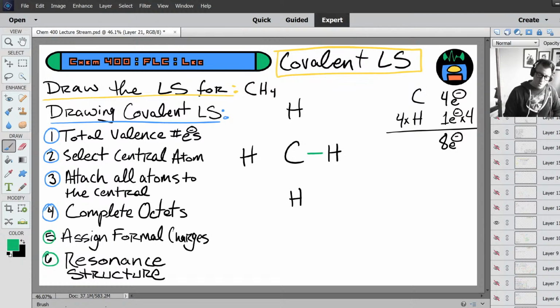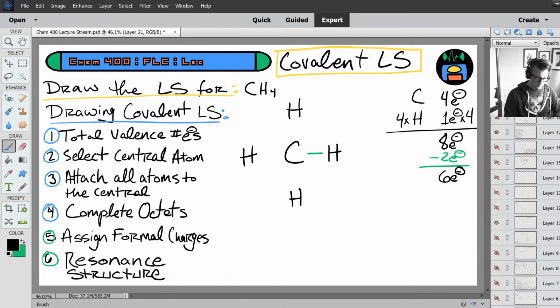So if I'm going to make one bond between my central atom carbon and one of my hydrogens, how many electrons is that going to cost? How many electrons do I need to spend to go into that bond? The answer is anytime you form one bond, it costs 2 electrons.